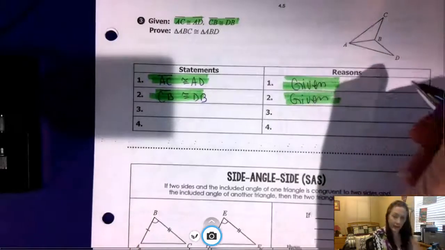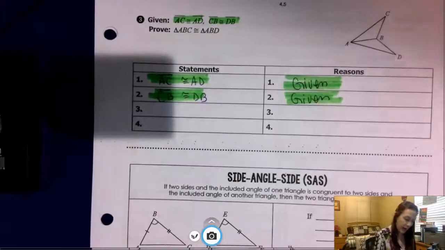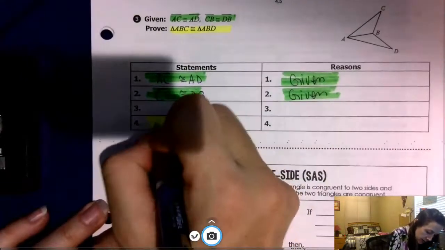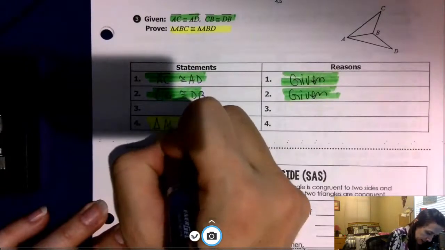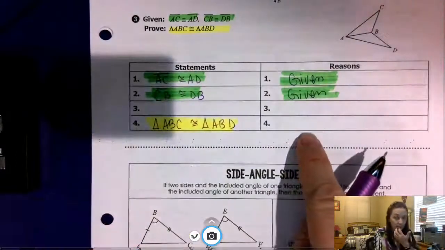What else could I fill in if I needed to? Well, whatever I need to prove. I want to prove this at the end, so this goes down here at the bottom. I want to say that triangle ABC is congruent to triangle ABD. Now, I don't know the reason yet.